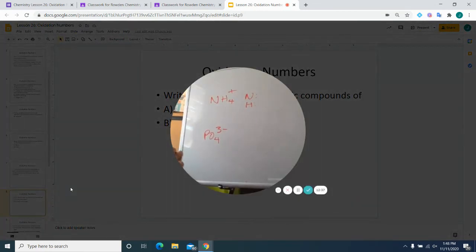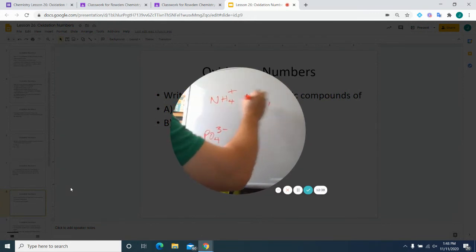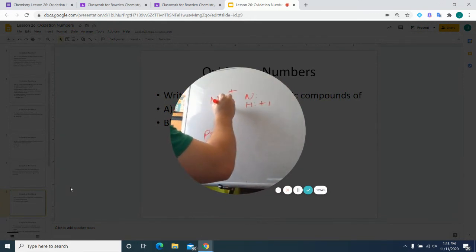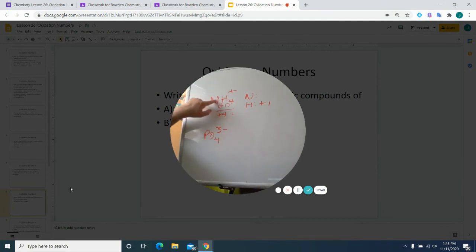Okay, so back to this. So we know that hydrogen is plus 1. So if hydrogen is plus 1 and you have 4 hydrogens, that adds up to plus 4. Okay, here's what's weird this time. When these combine, they don't need to add up to 0 because it's NH4 plus. Remember, if you have just a plain plus, you can imagine there's an invisible 1 there.